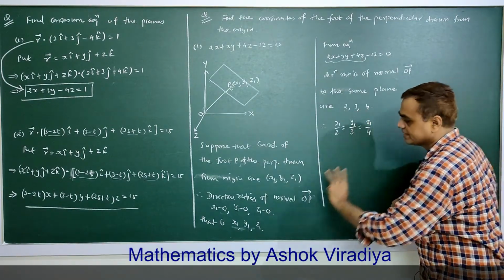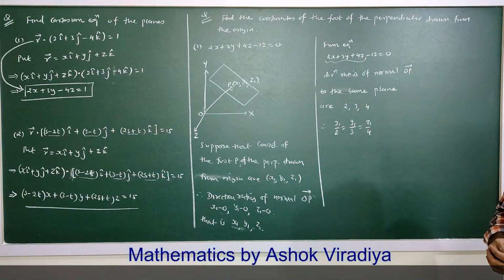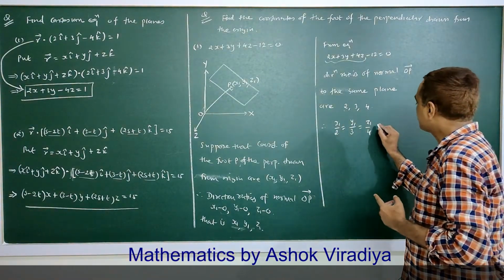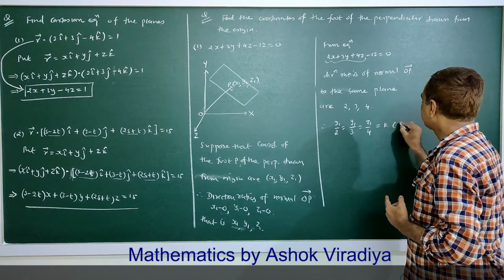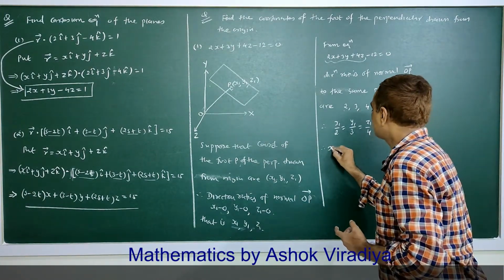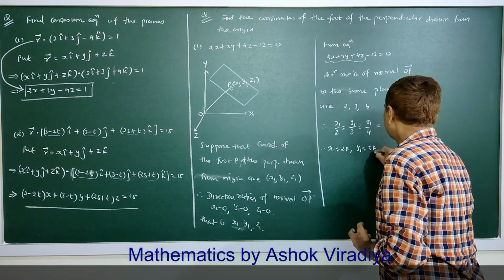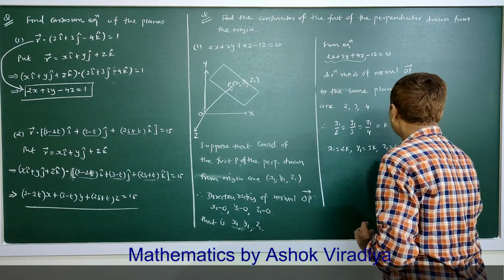These three numbers and these three numbers are in proportion. So suppose it is equal to k. Therefore x1 is 2k, y1 is 3k, z1 is 4k.